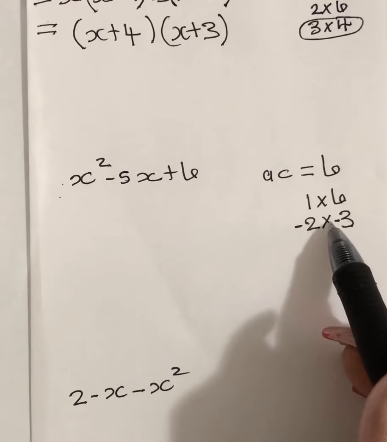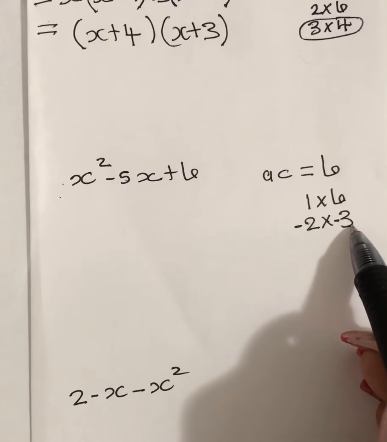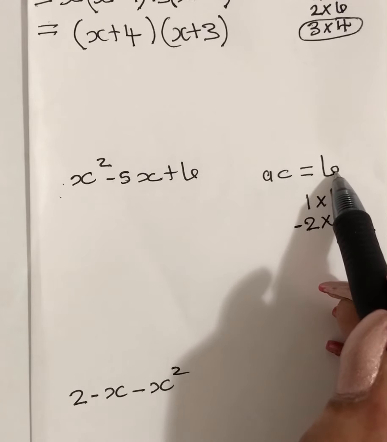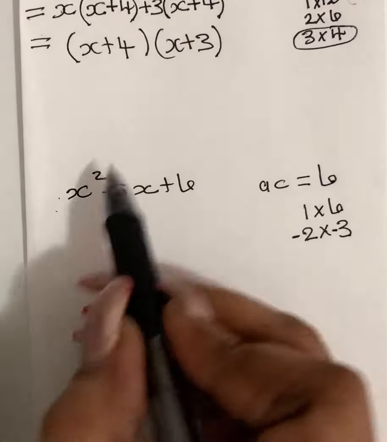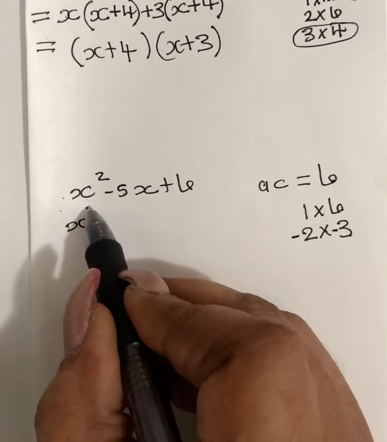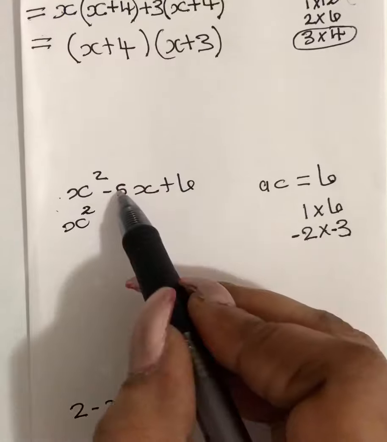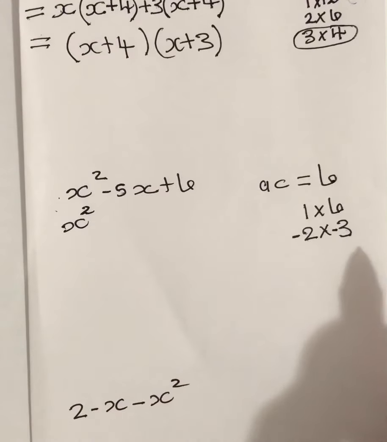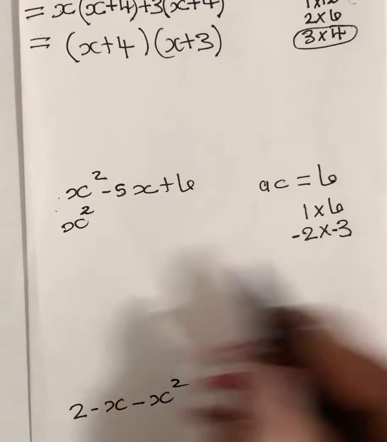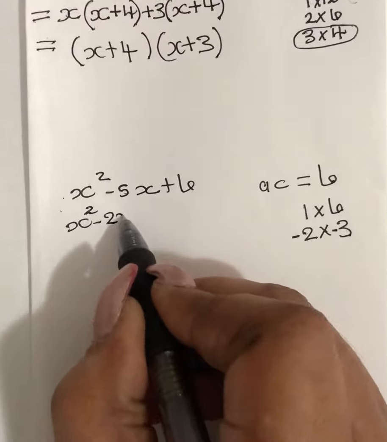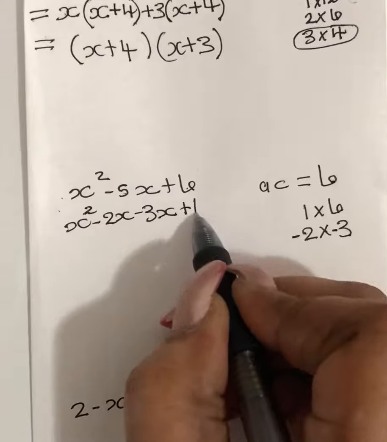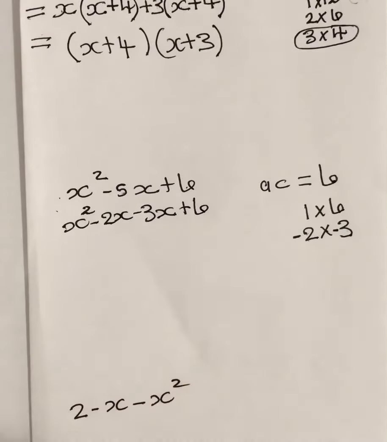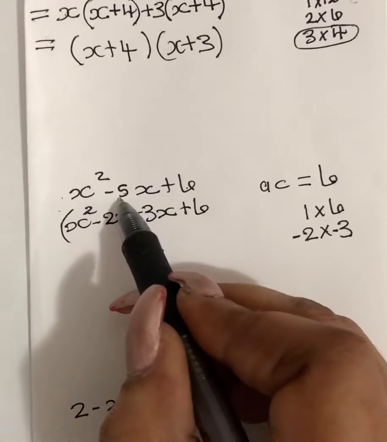And negative 2 multiplied by negative 3 will give me positive 6. So I go to expand. You rewrite your square term. Do not rewrite your negative 5x, but use these two terms. Minus 2x, minus 3x, and you rewrite your last term, which is plus 6. Next step is to group.